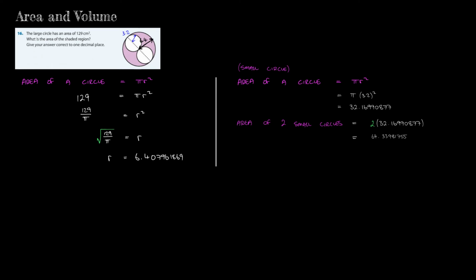So that tells me the area of the two circles. So if I know the area of the large circle, which was given to me in the question, 129, and if I know the area of two small circles, I can find the area of the shaded region. I'll do that next.